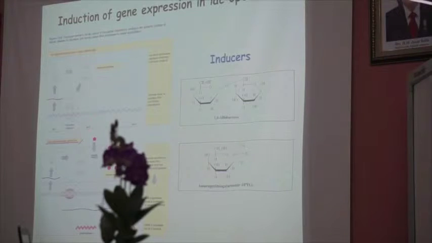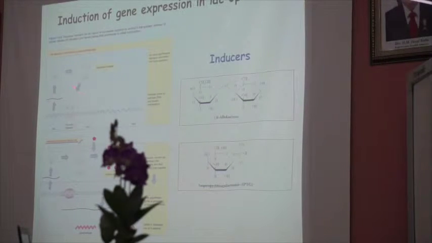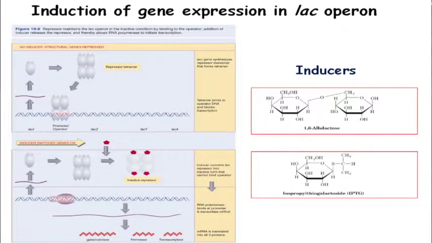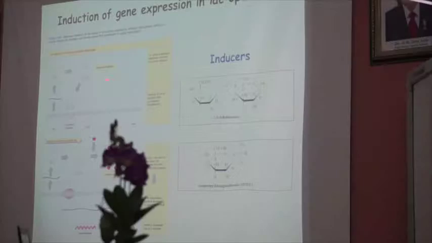This is a little bit of explanation. When there is no lactose, what happens? Of course, the lac repressor is expressed constitutively. The repressor makes a tetramer, and the tetramer of this protein will occupy the operator region.